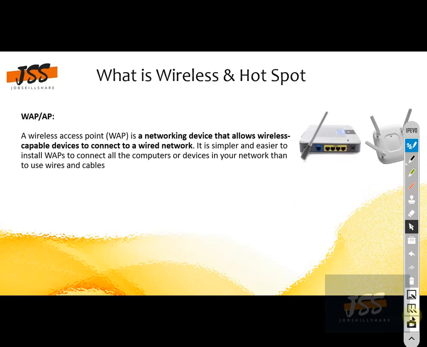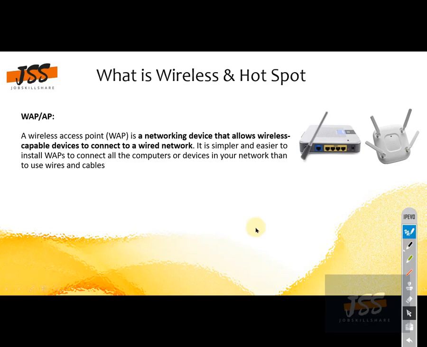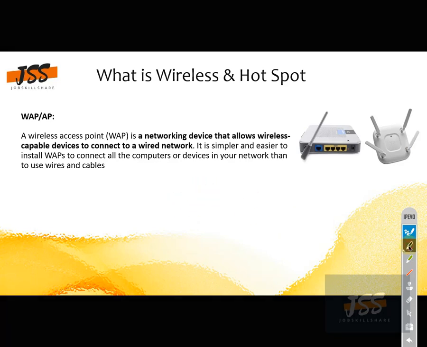So what is wireless? As the name implies, if we are not going to use any kind of cabling to connect our devices, we need some kind of infrastructure for that. So for that we need these access points. These things are known as access points or wireless access points. So basically the concept and the idea is the same.